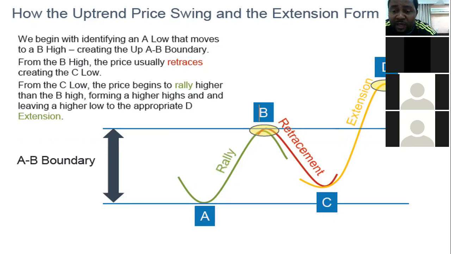Next, when the bears score a point by going below A, instead of forming C within this range, it has to break below. That is said to be the bears have scored a point.